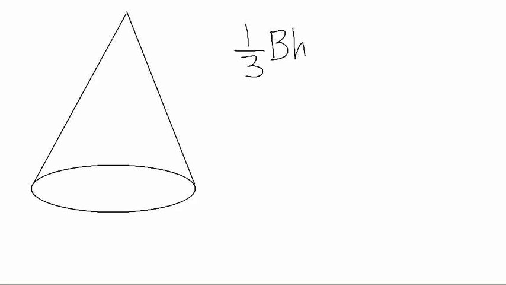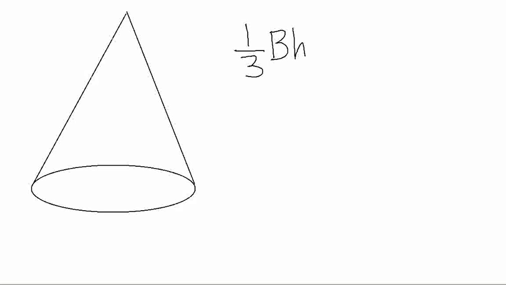Now, why would a cone have the same volume formula as a right pyramid? Well, remember that the base of a right pyramid can be any polygon. If the base is a regular polygon with a huge number of sides, imagine a regular polygon with 100 sides or 1,000 sides or even 1,000,000 sides.